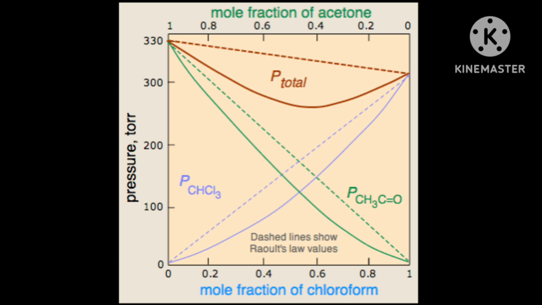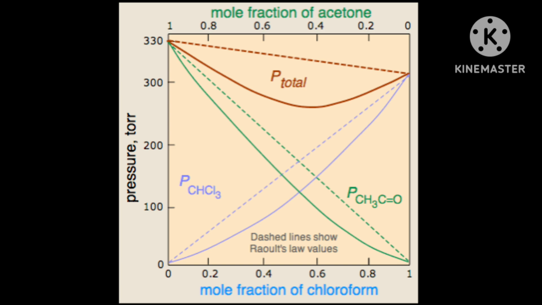Means AA interaction, BB interaction is equal to the AB interaction. Then this is also called ideal solution.